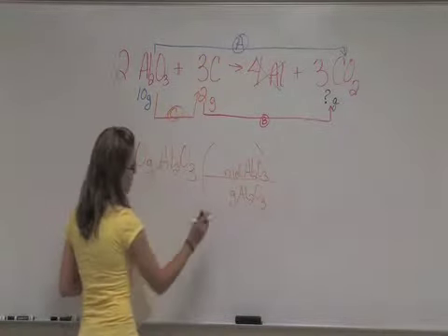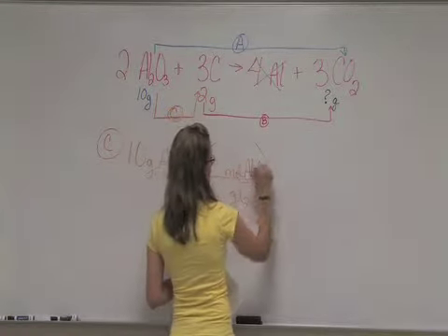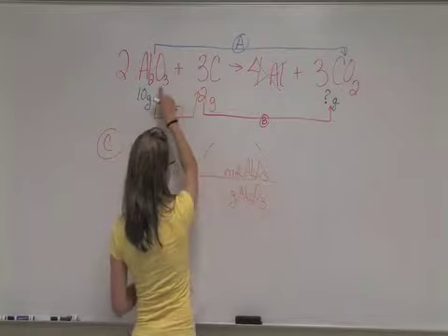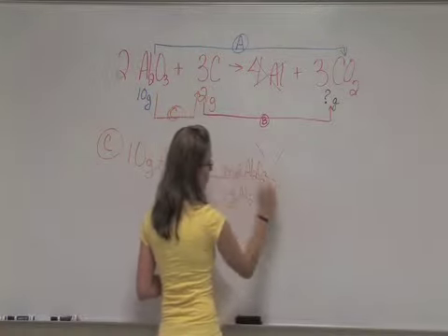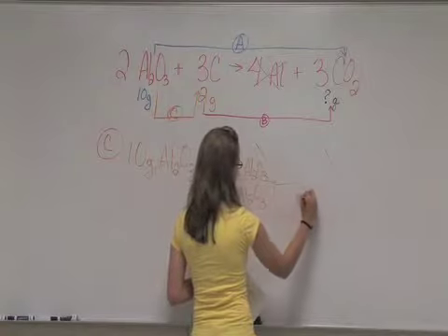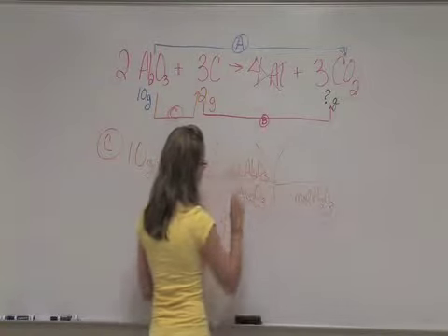Grams of aluminum oxide cancel with the grams of aluminum oxide here. I'm left with moles of aluminum oxide, but we need to get to carbon. So we need to put moles of aluminum oxide on the bottom so that it cancels.